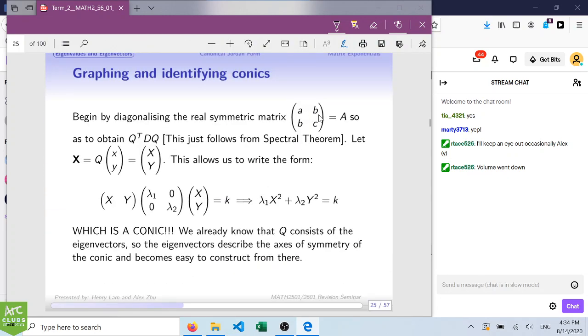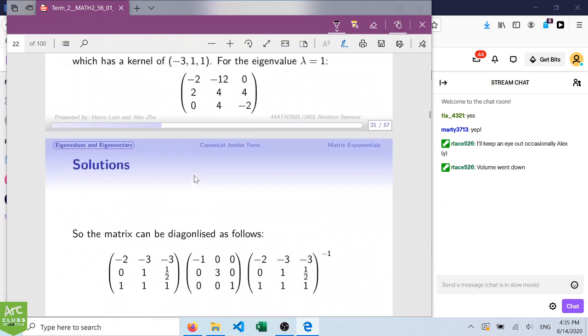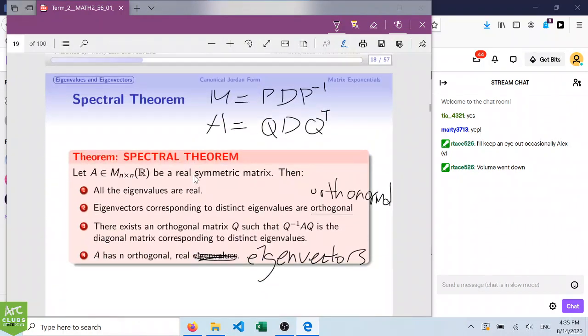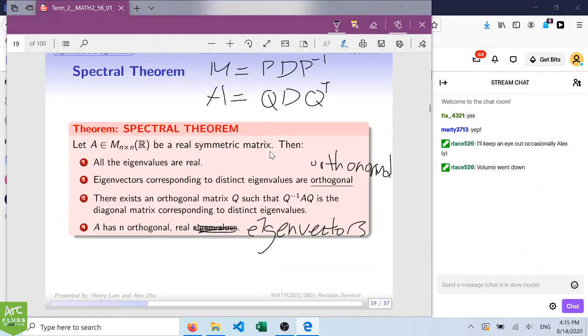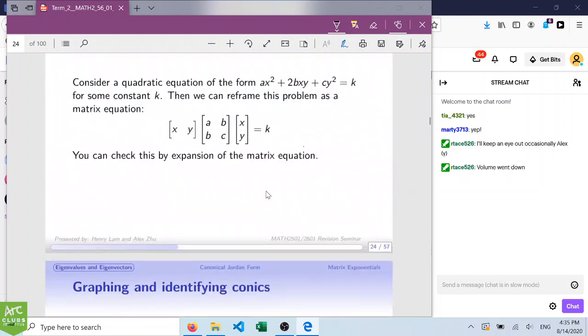So essentially, we're going to take this A, B, B, C real symmetric matrix and decompose it into Q transpose DQ. Why is this true? Because in the previous part, we've learned that the real symmetric matrix A can be written in terms of Q D Q transpose.